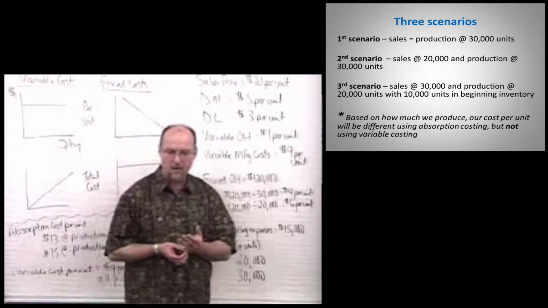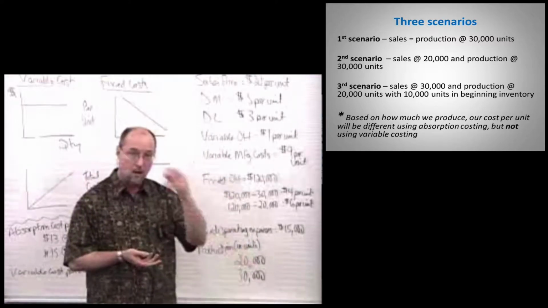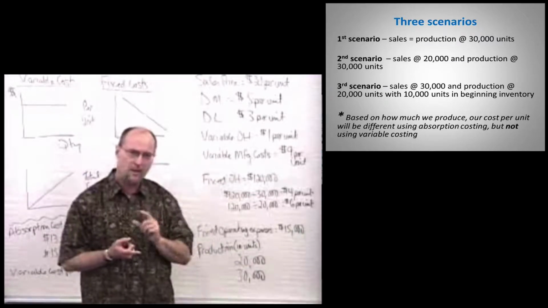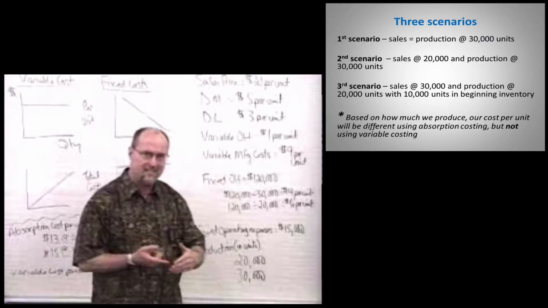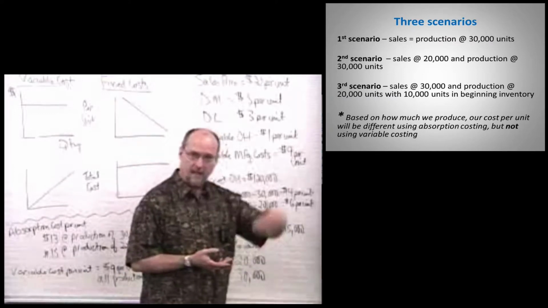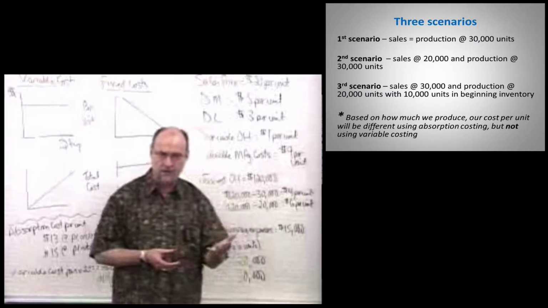And in scenario 3, we sell 30,000 units, we only produced 20,000 units this period, and we're going to assume that we have 10,000 units in beginning inventory, which is inventory left over from the previous period. And so we sell 30,000 units.